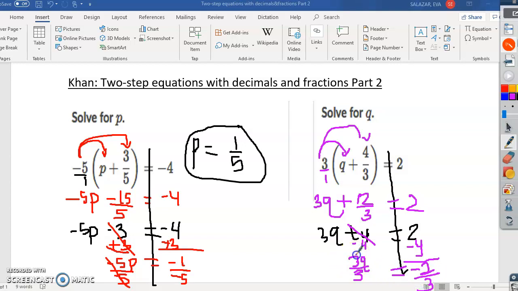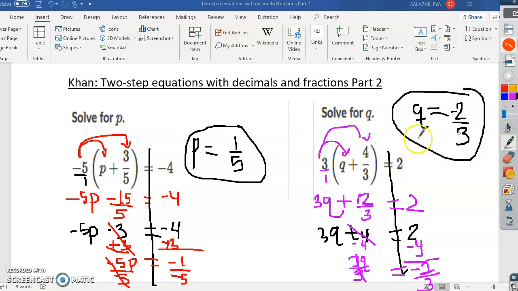I'm sorry if it's a little sloppy here. So my final answer, we have q left over is equal to negative 2/3. We can leave that answer as a fraction. And that is your final answer.